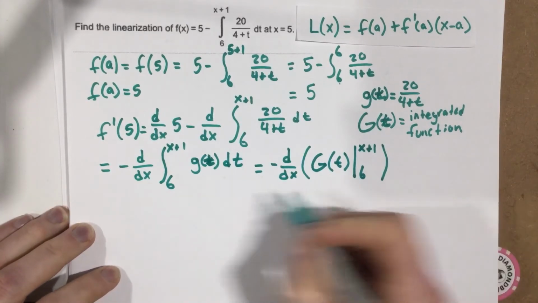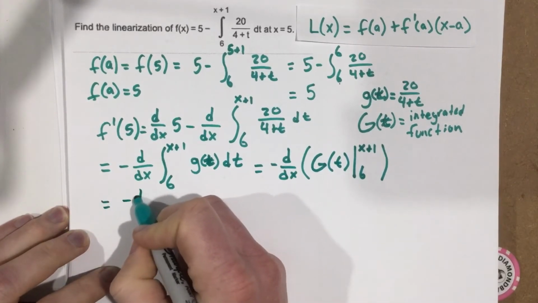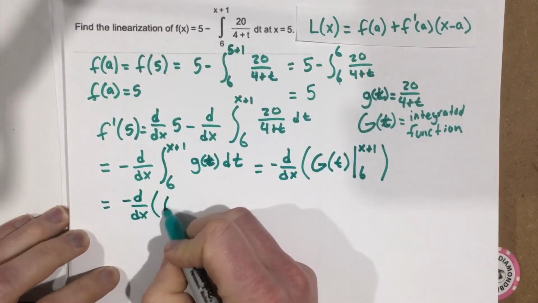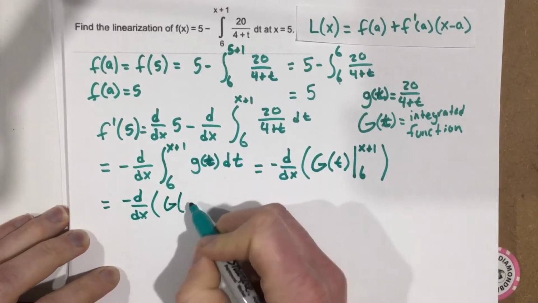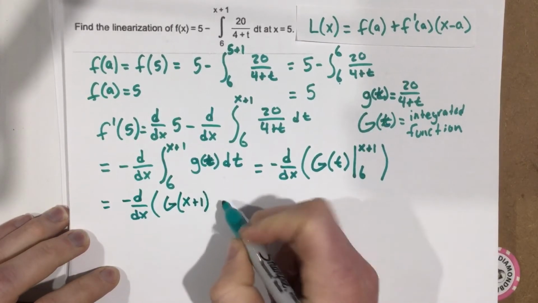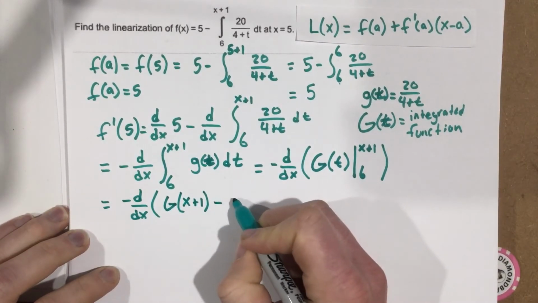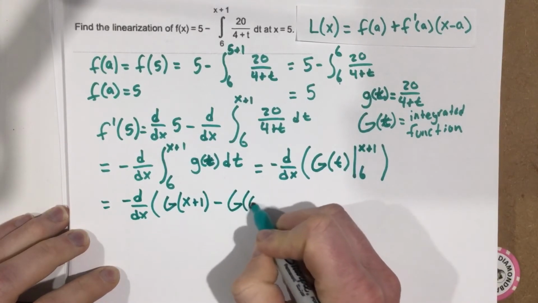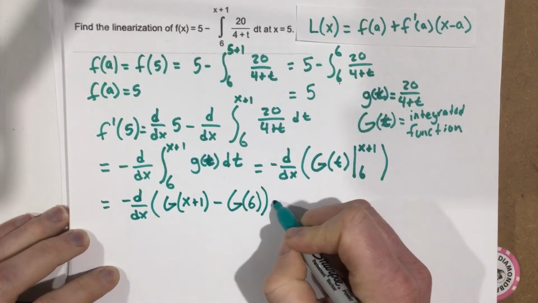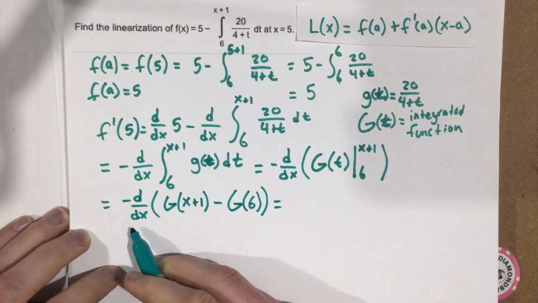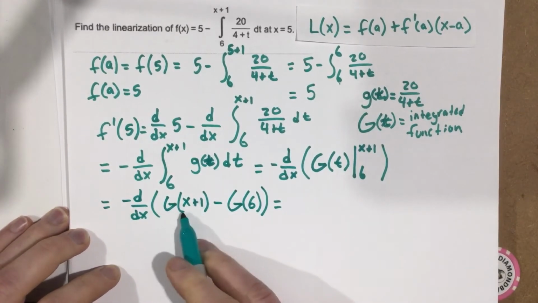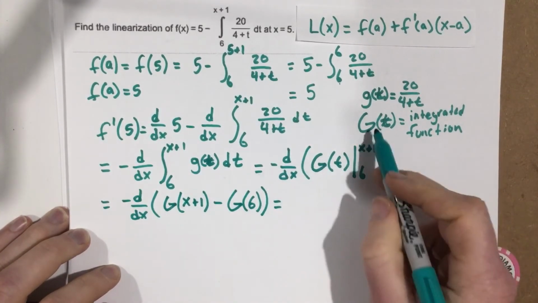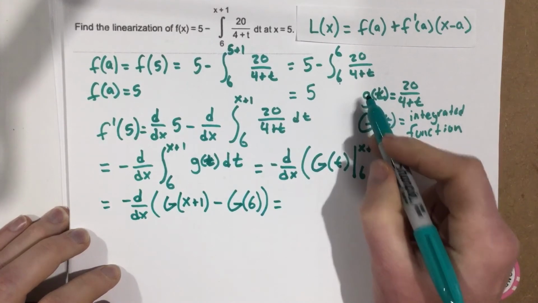Well, I know that to be equal to negative d over dx of G of x plus 1 minus, well, when I plug in 6, I get G of 6. If I take the derivative then of this function G, I end up with just little g again, right? Because big G was my integrated version, so I go back to little g.